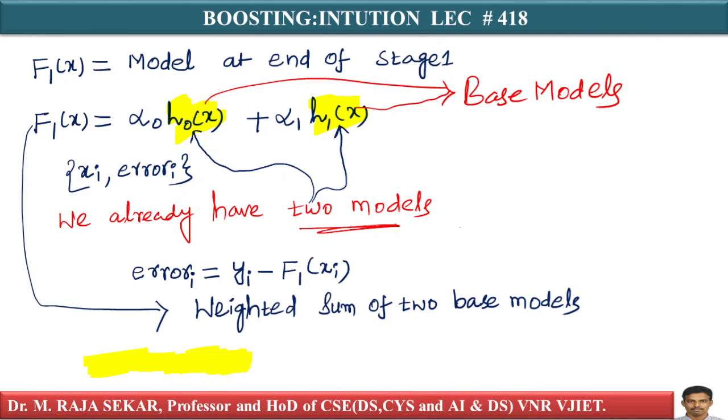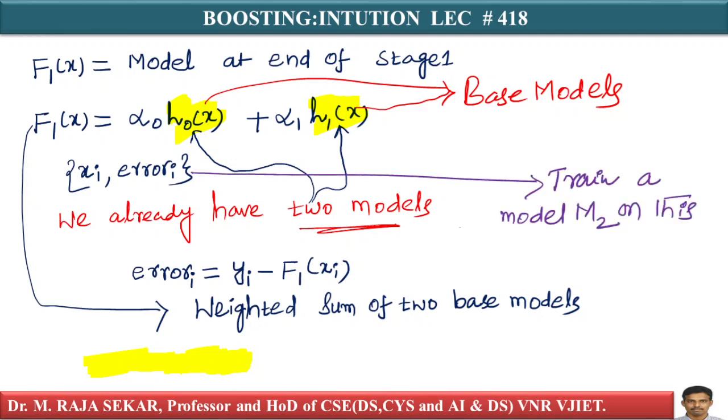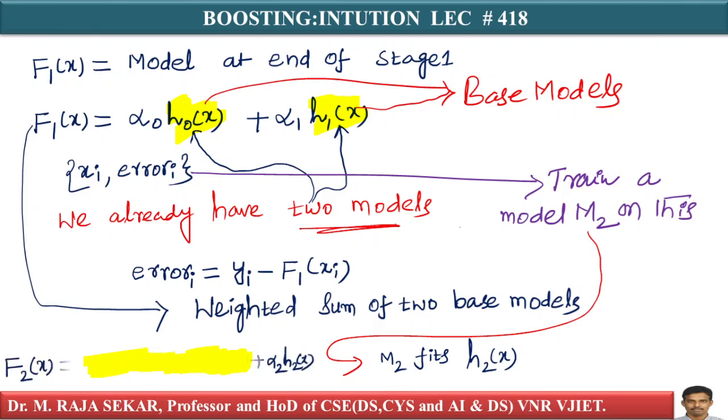Let's assume m2 fits h2 of x. Now at the end of stage 2, my final model is capital F2 equals alpha naught h naught of x plus alpha 1 h1 of x plus alpha 2 h2 of x.